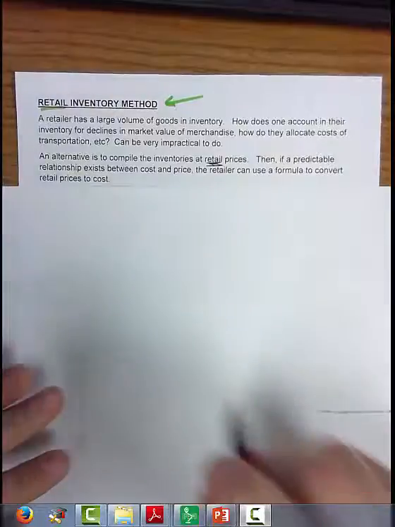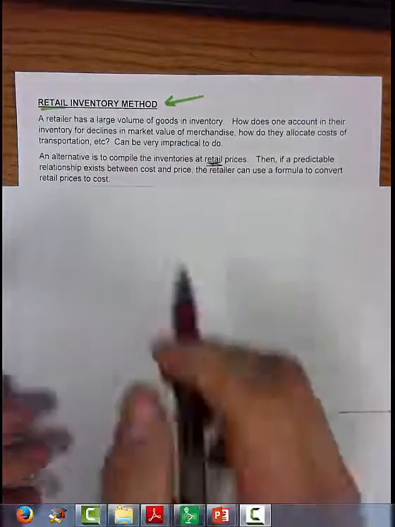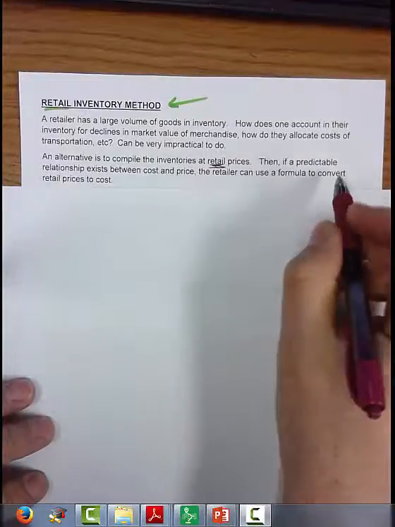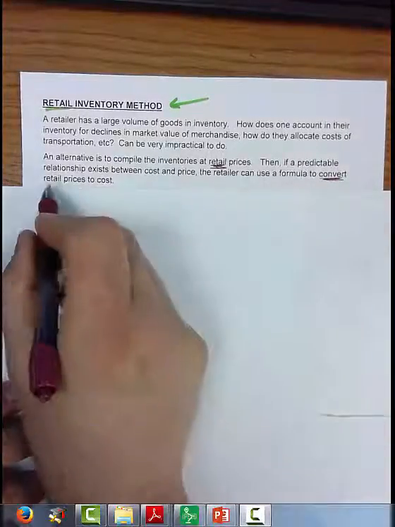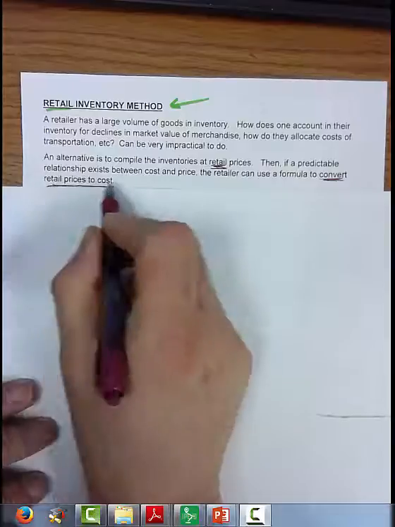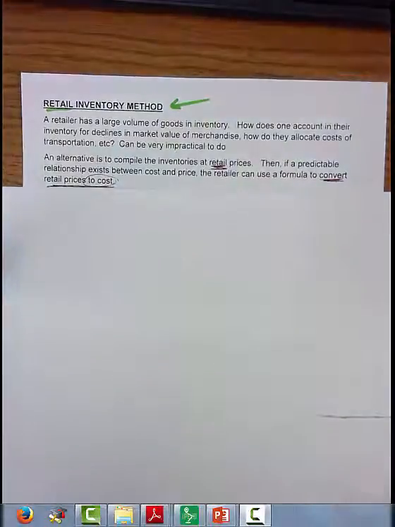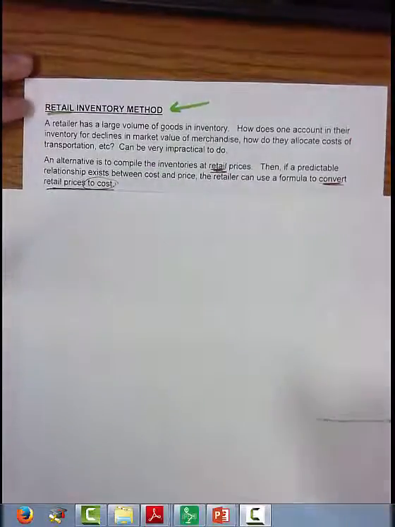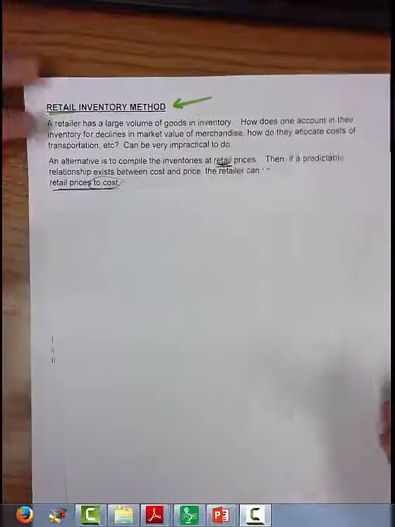And if there's a predictable relationship between the cost and that retail price, they can use that formula to convert their inventory from retail prices to cost, which we know on the balance sheet needs to be listed at cost. But if there is this predictable relationship, they can keep track of their inventory at retail prices and then, when need be, convert it to cost.